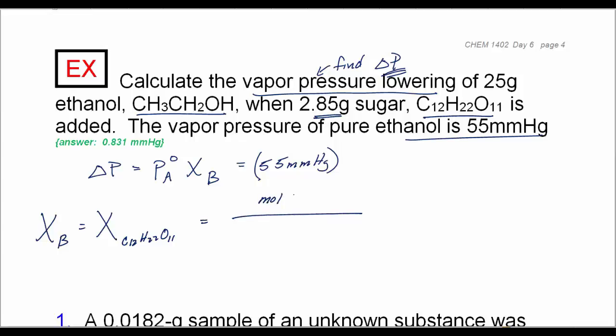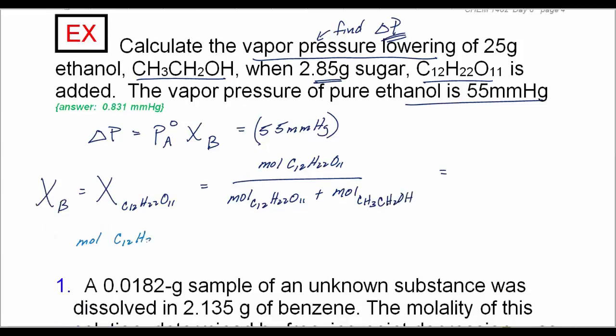So that's going to be the moles of C12H22O11 divided by the total moles. 2.85 grams. I got 342.34 is the molar mass. About 8.3 times 10 to the negative 3.